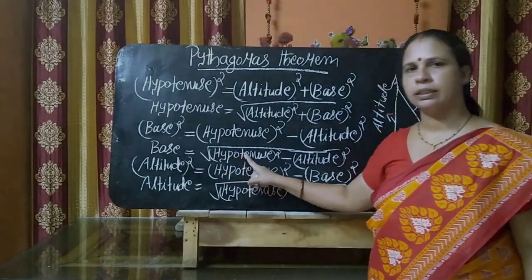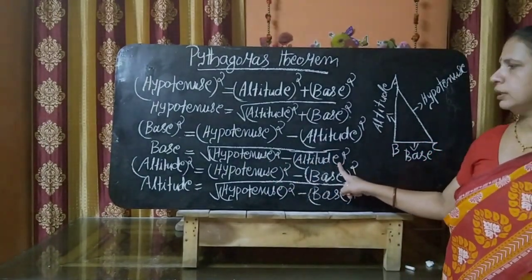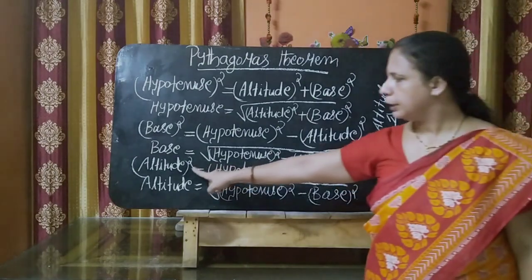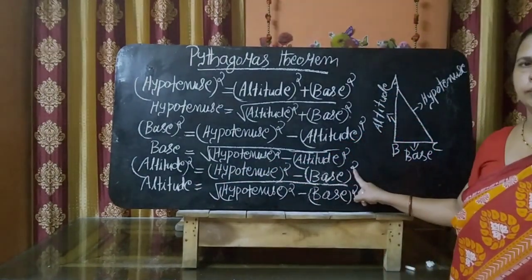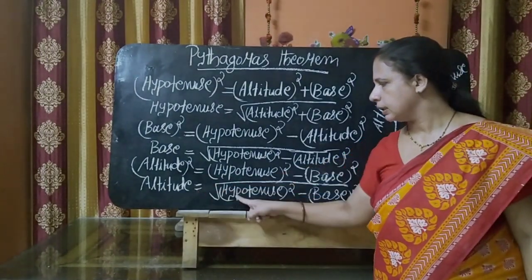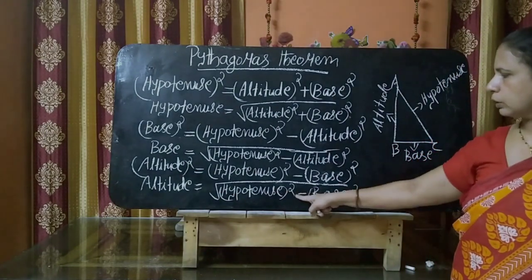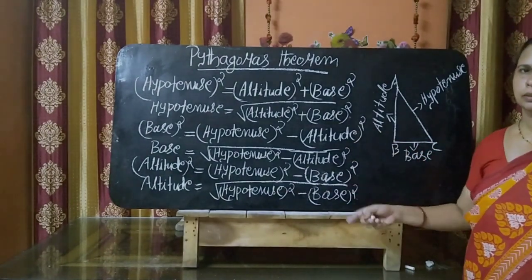Base equals square root of hypotenuse square minus altitude square. Next altitude square equals hypotenuse square minus base square. Altitude we have to find out, that is square root of hypotenuse square minus base square. Is it clear? Copy down.